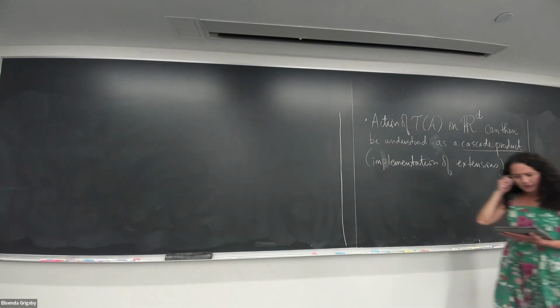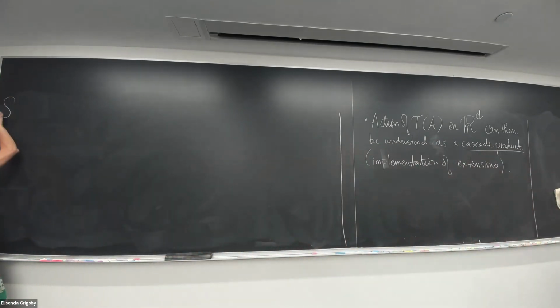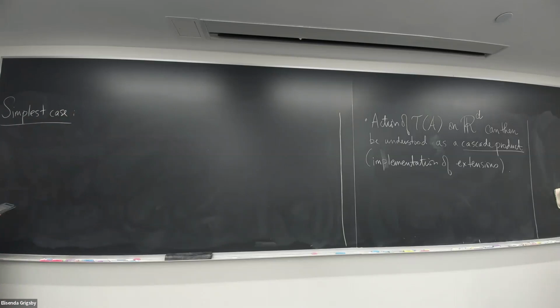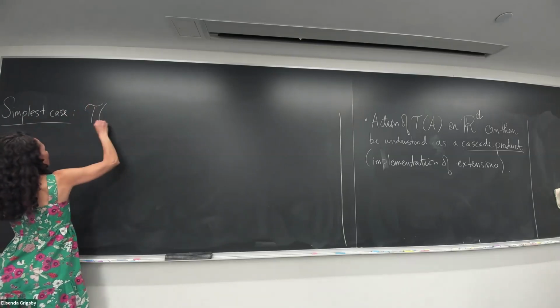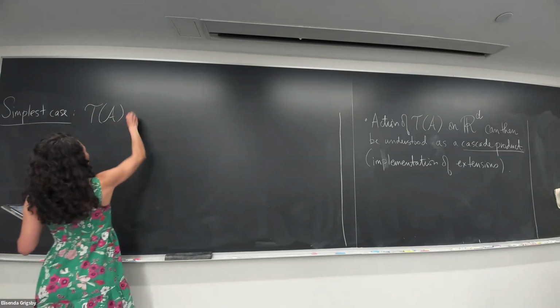Actually, my understanding of this is that things are simpler when your transformation semigroup is actually a group. Simpler in the sense that you have access to some more established theory. But in particular, suppose T of A is what's called a solvable group.